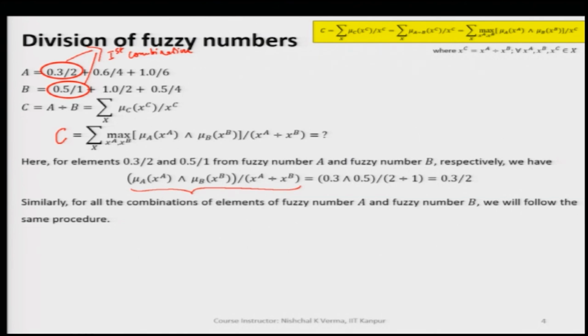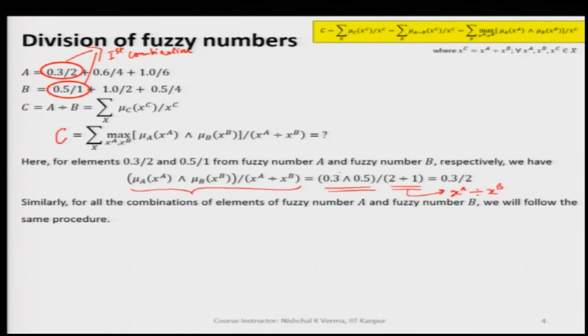So, when we substitute these values here, we find the min of 0.3 and 0.5 over 2 divided by 1. This comes here as 2 divided by 1 because we have x_A divided by x_B, and x_A, x_B are nothing but the generic variable values from the fuzzy numbers A and B respectively.